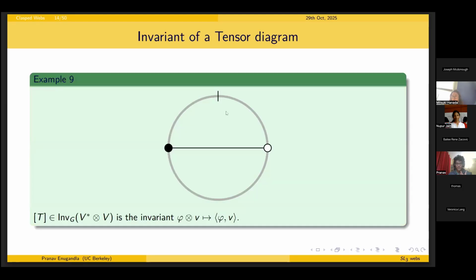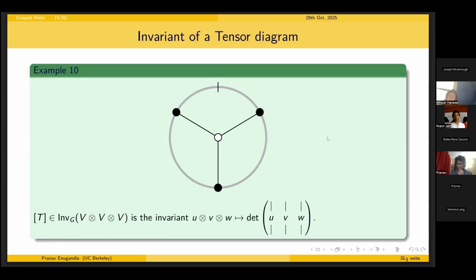So, an example: there are 2 fundamental building blocks of these. One of them is the pairing between V dual and V, because these are dual vector spaces. So if I have a V dual and a V, a strand between those two just corresponds to the pairing, right? Turns out this is an invariant of the SL3 action. The other example is the determinant.